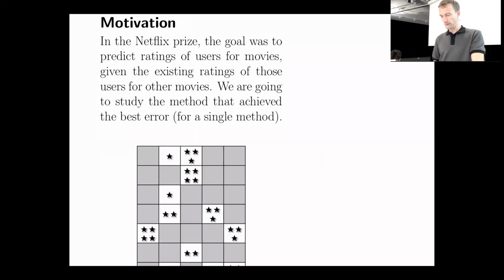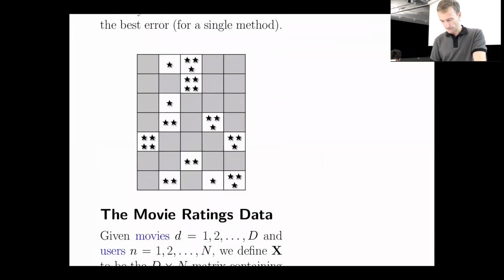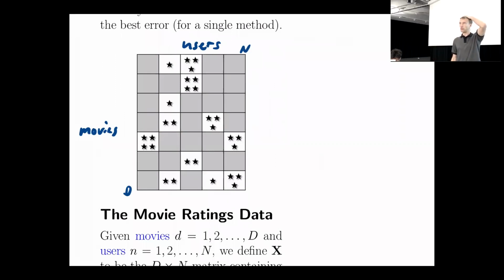And there, I guess you might have heard of it already. It's a very natural setup. For example, you have D movies, and you have n users, and you want to study their preferences, whether they like some of these items or movies.